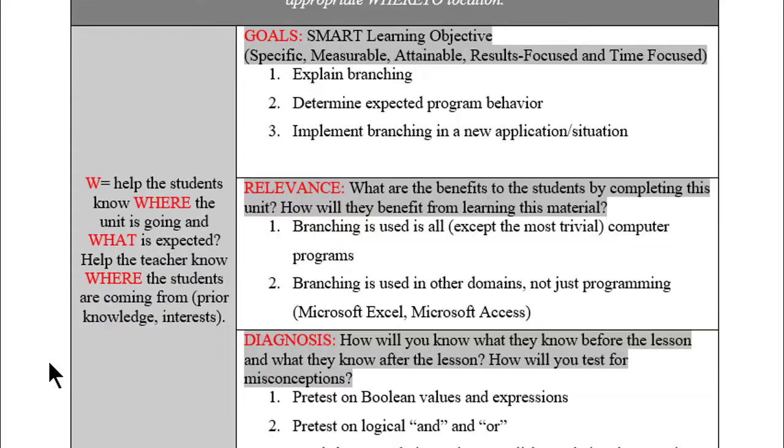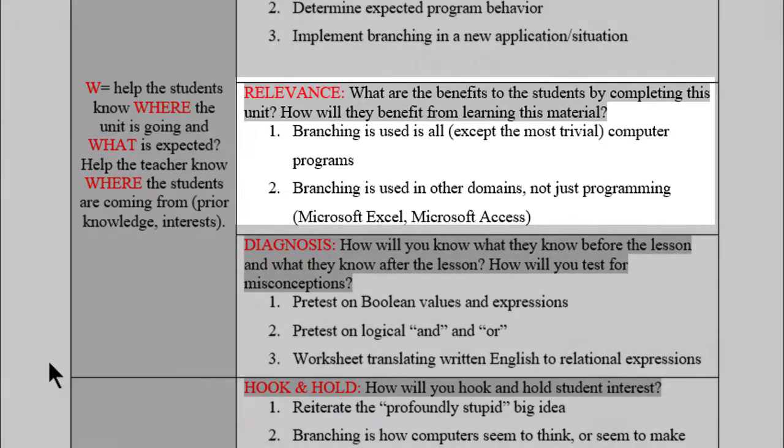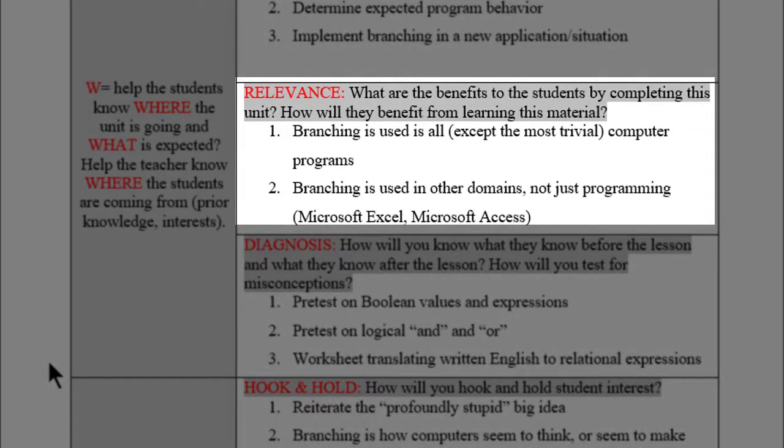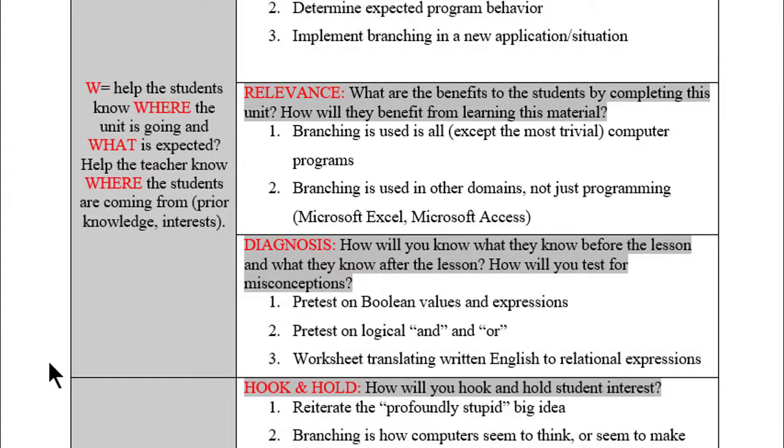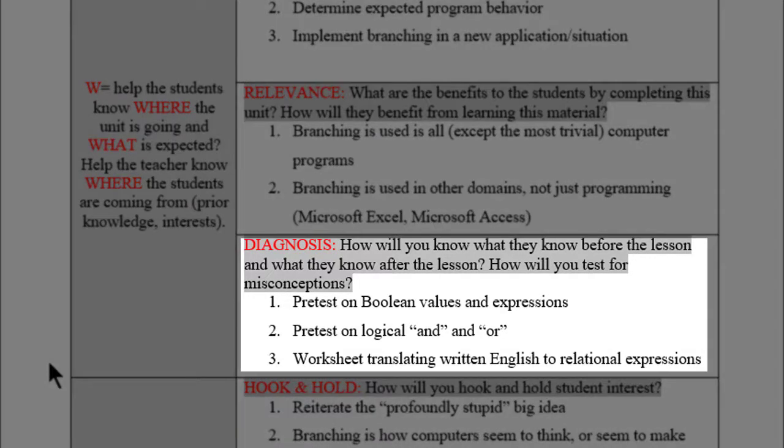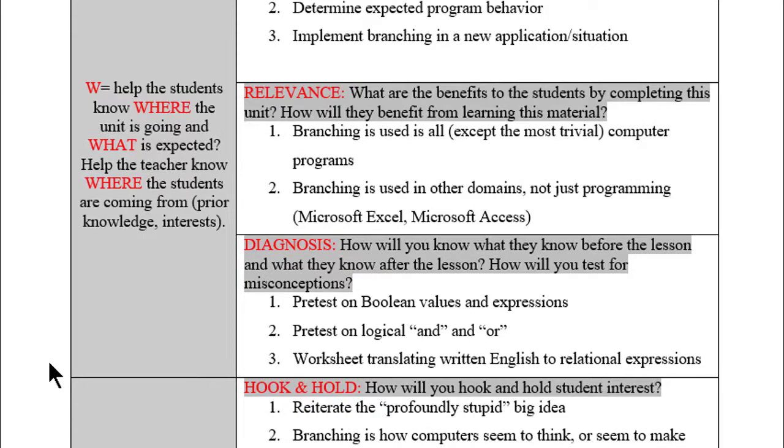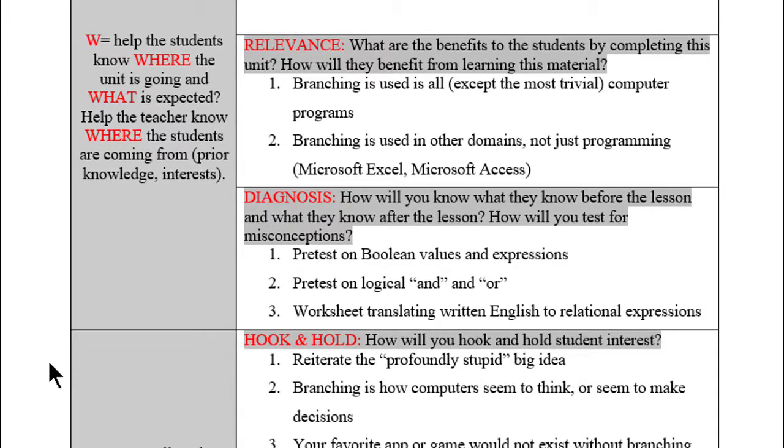A little bit farther down, we investigate relevance. Why in the world do students need to do this? And then another section for diagnosis. How do you know if we're starting at the right place? Different students have different backgrounds, and so we'll try to accommodate all of them with our learning lesson plans.